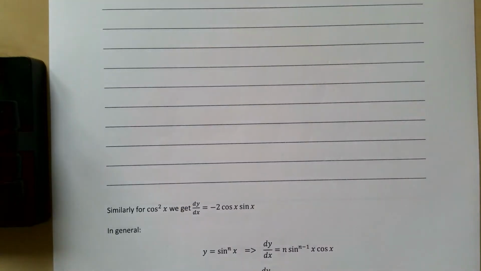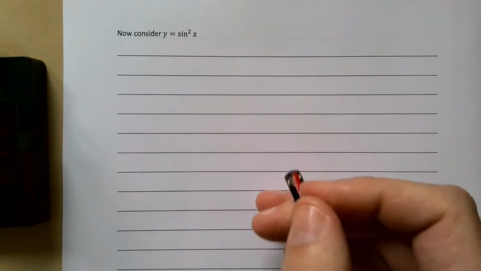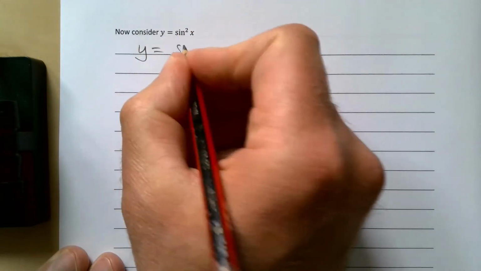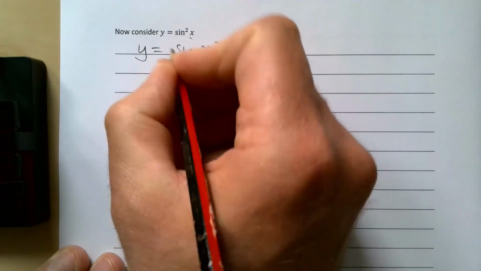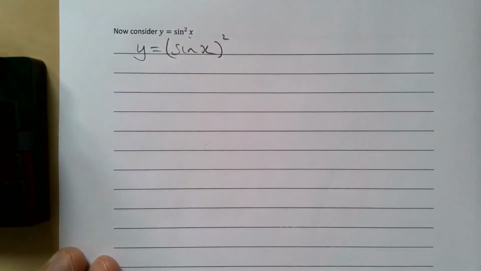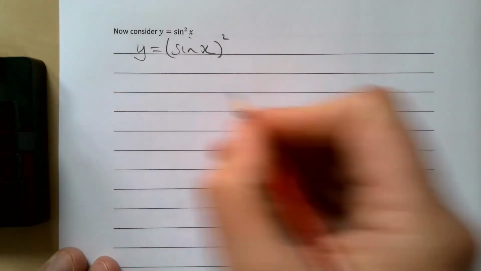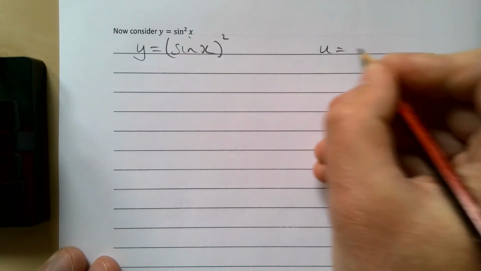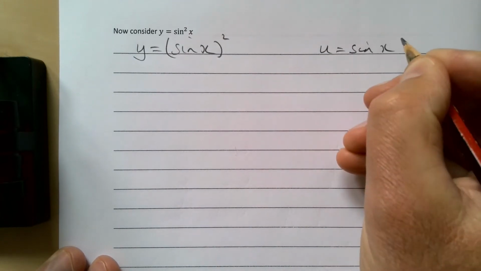Now if we take a look at sine squared x, if you didn't already know, now is as good a time as any to learn. It's actually the same as sine x all squared. That's what sine squared means, and we now have a bracket, so we're going to let u equal sine x.